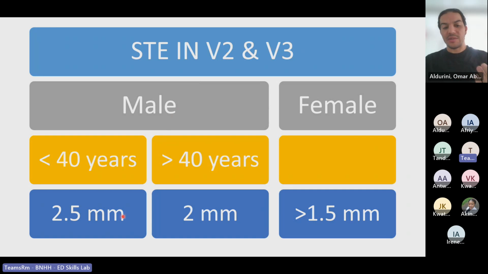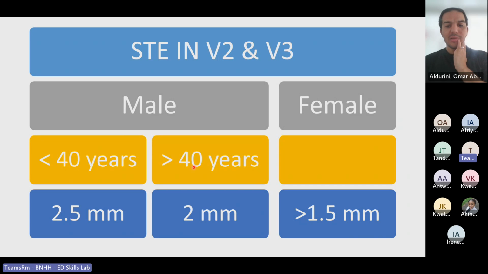But if it's elevated 2 millimeters, let's say, and it includes V1 and V4, so it is including more area, not just V2 and V3, then this is a significant change. But if it's isolated to V2 and V3 up to 2.5 millimeters, then this is normal for a male patient less than 40 years old.